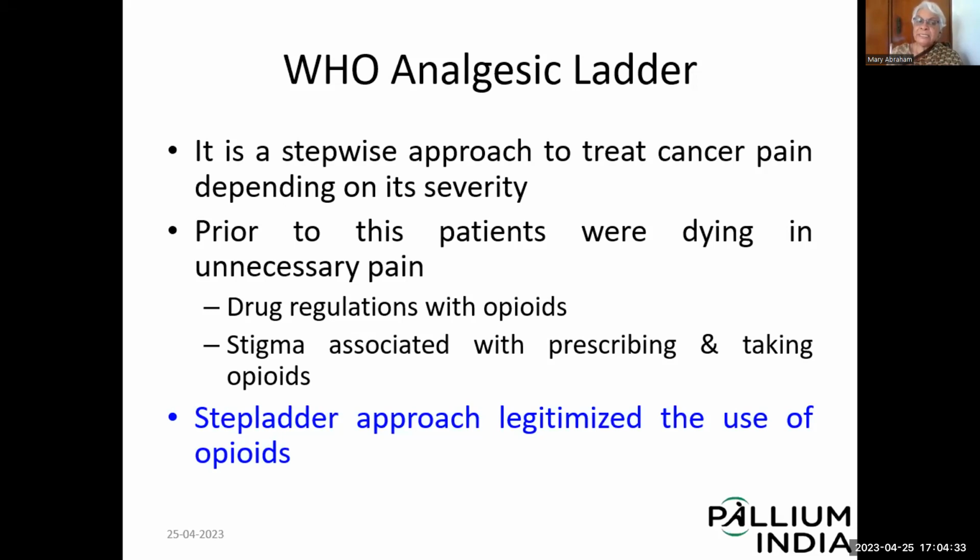Also, there was a stigma associated with taking strong opioids, and even prescribing them. Relatives also did not want their loved ones to take morphine. They themselves felt that they would become addicts. So all this was a barrier to prescribing.